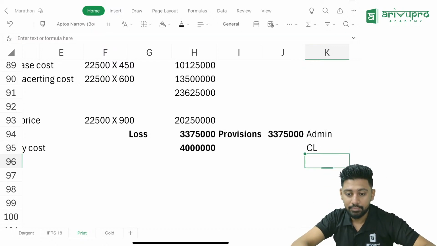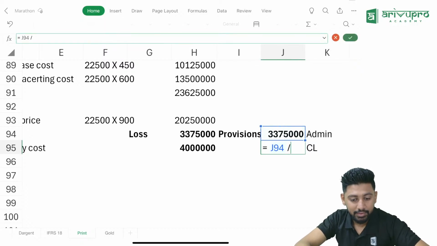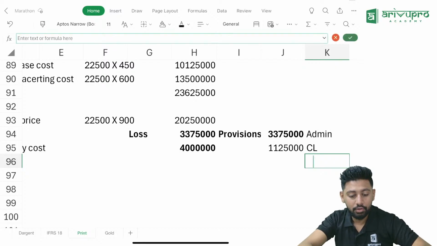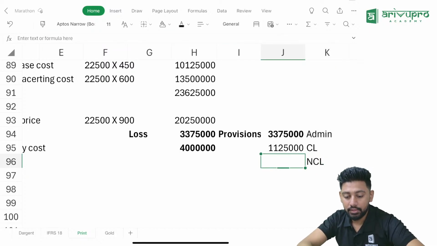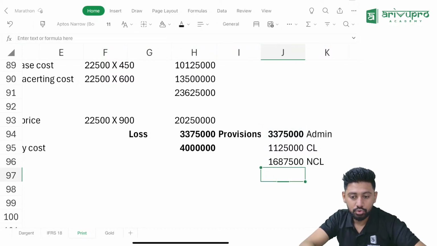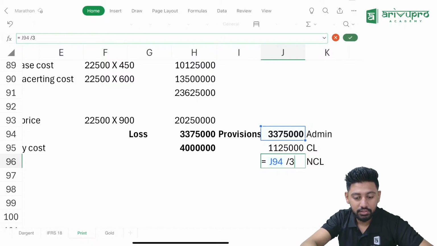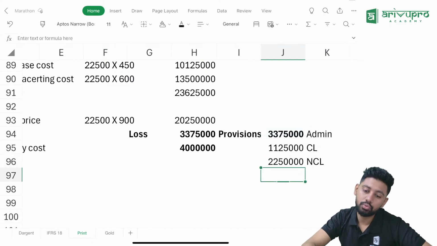So to my current liability, I will take this divided by 3. To my non-current liability, this divided by 3 into 2, which is 2,250,000.